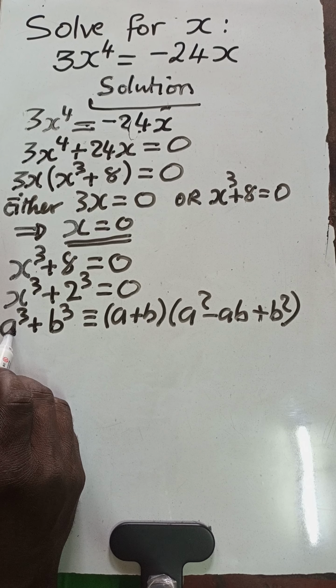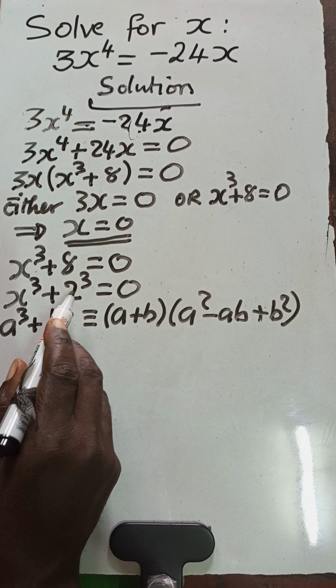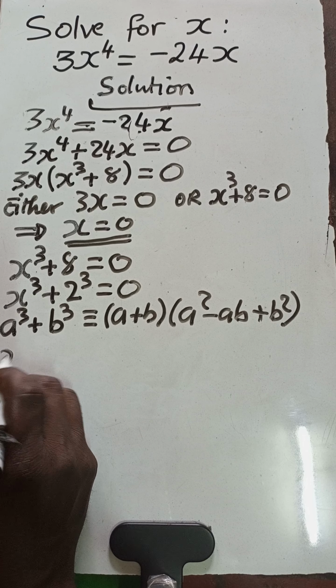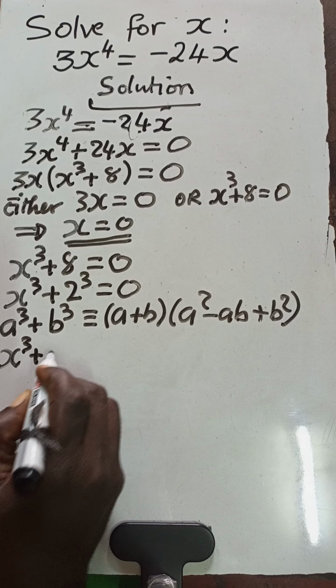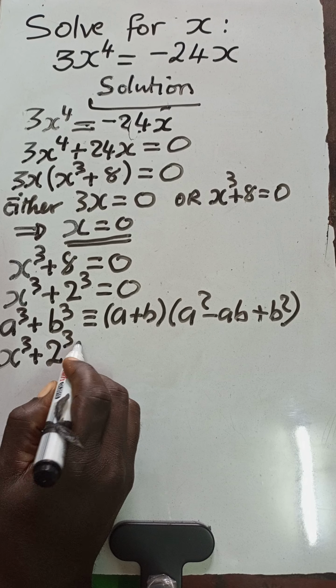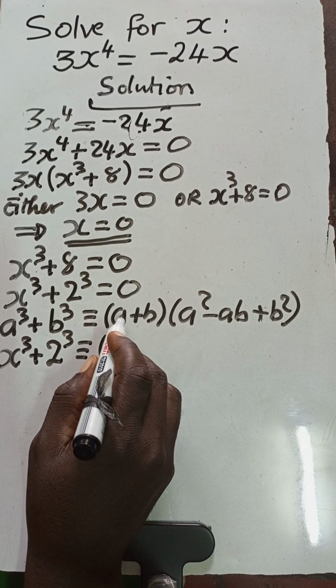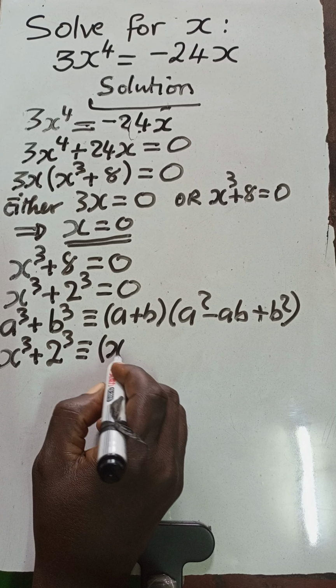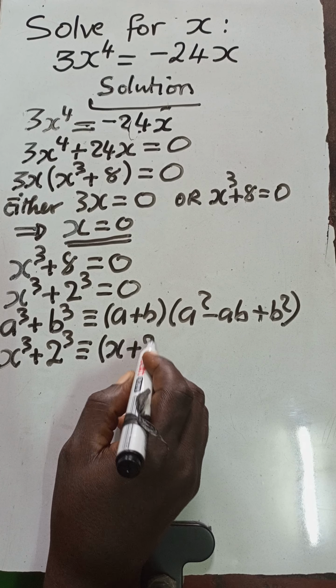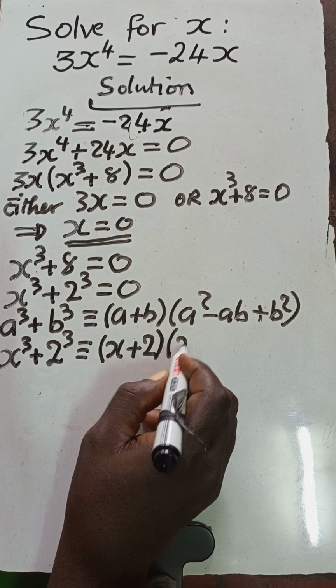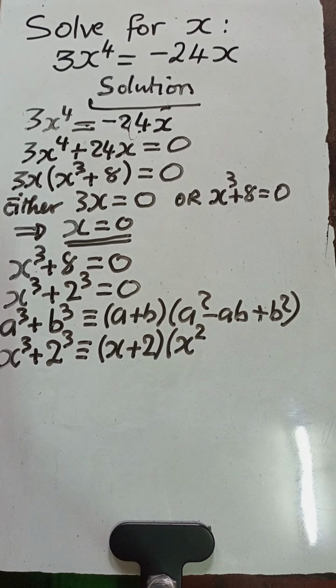So wherever we see a, we put x. Wherever we see b, we put 2. So we have x cubed plus 2 cubed identically equal to, wherever we see a, we put x, wherever we see b, we put 2. So we have this expression.